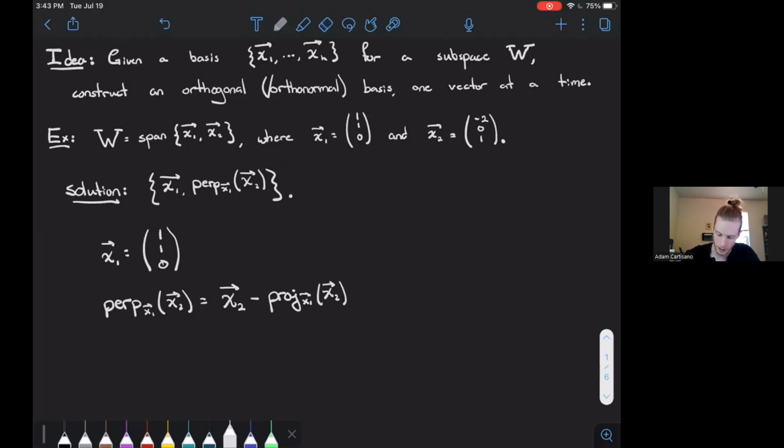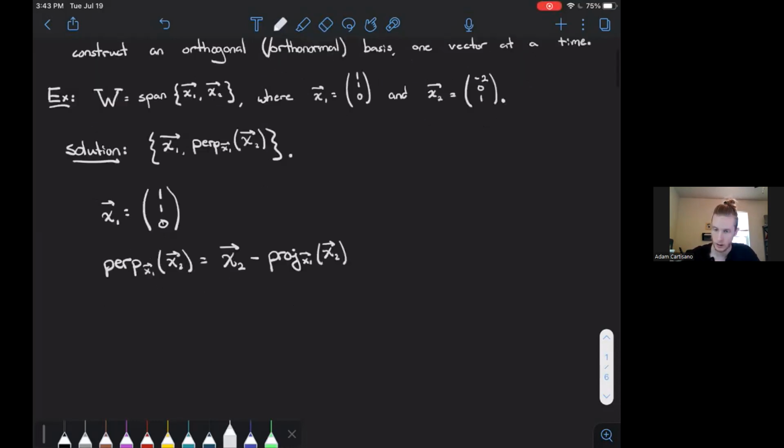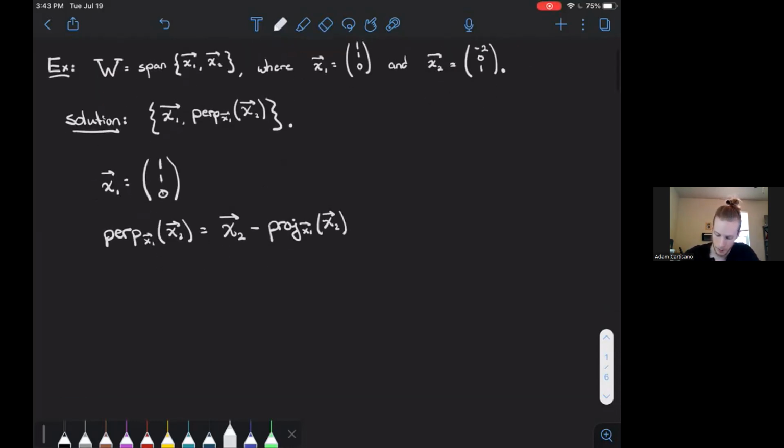To do that, all we need is proj x1 of x2, and we have a formula for it. It is x1 dot x2 divided by x2 dot x2, all times x2. Sorry, I got this exactly backwards.